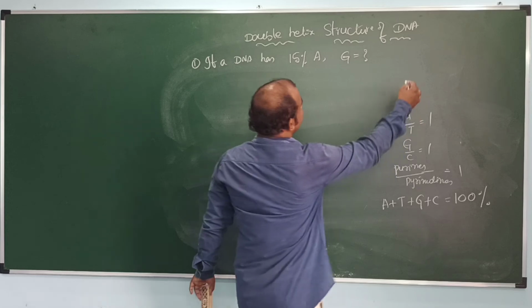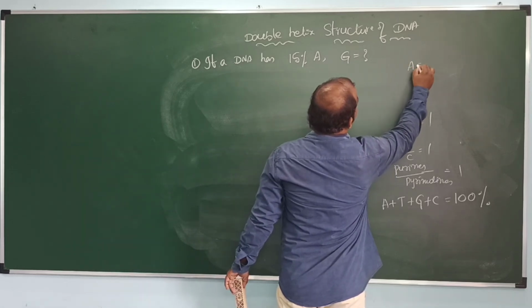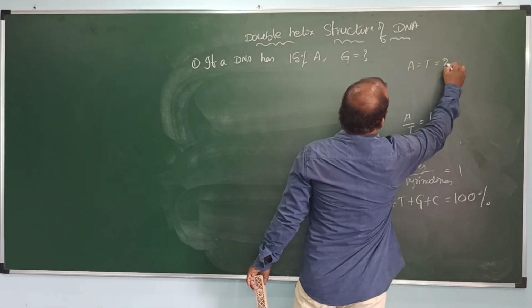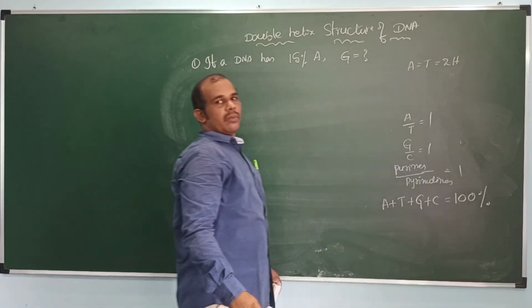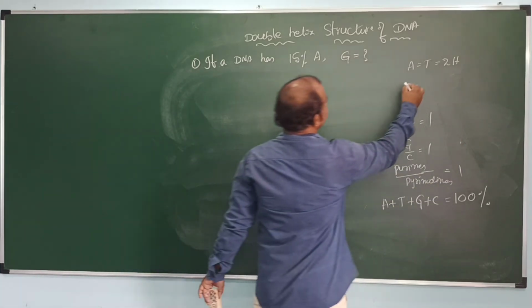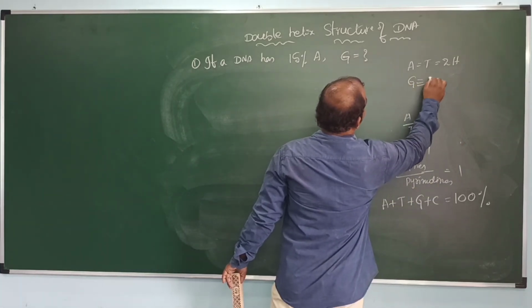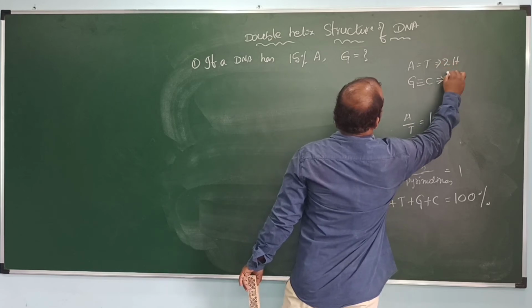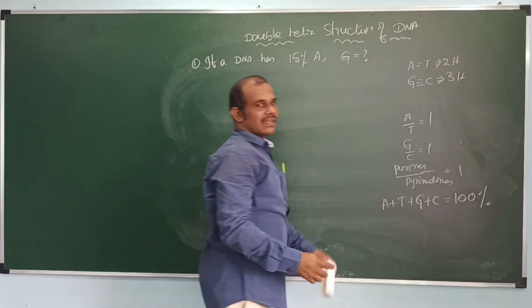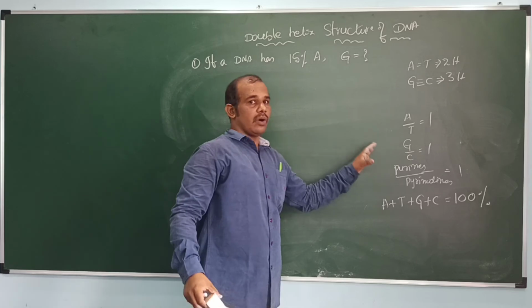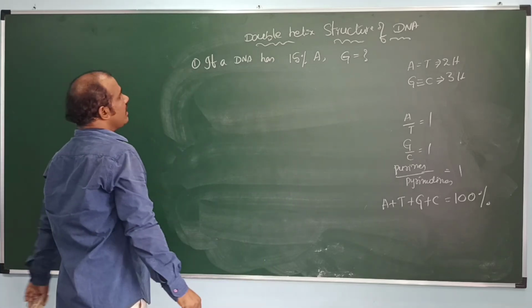And how many hydrogen bonds are present between A and T? 2 hydrogen bonds. And how many hydrogen bonds are present between G and C? 3 hydrogen bonds. So these are the measurements we have to know before going to solve the problems.